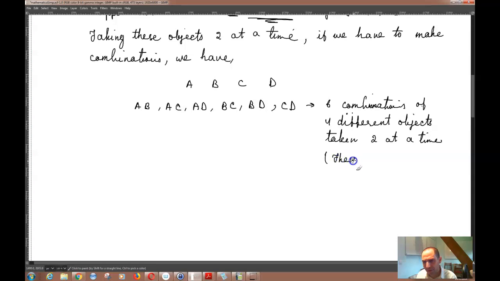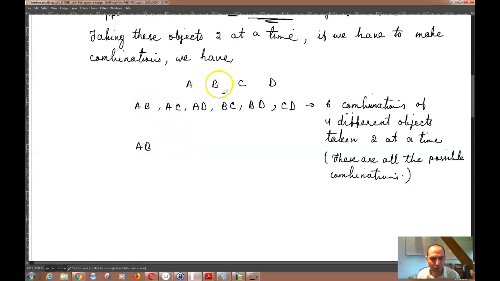So we have basically, and for example here you can see that if I write AB, and also in the process you could choose BA as well, they are the same combinations.